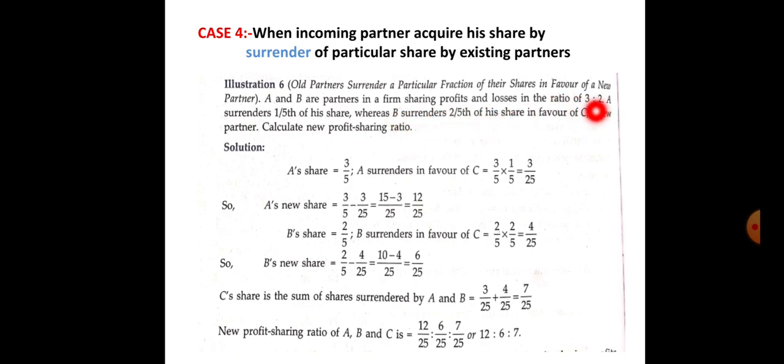B का अपना शेयर कितना है, 2/5, उसका 2/5 फिर से वो C के फेवर में कर रहा है ना। A's share is 3/5 and A surrenders 1/5 in favor of C, it means 3/5 का 1/5 is surrendered by A in favor of C. तो ये वो शेयर है जो सरेंडर कर रहा है, सरेंडर मतलब सेक्रीफाइस कर रहा है। A ने अपने शेयर में से 3/25 सेक्रीफाइस कर दिया इन फेवर ऑफ C, तो A के पास क्या बचेगा? सीधी सीधी बात, 3/5 में से 3/25 अगर उसने सेक्रीफाइस कर दिया, then he would have the new ratio as 12/25.